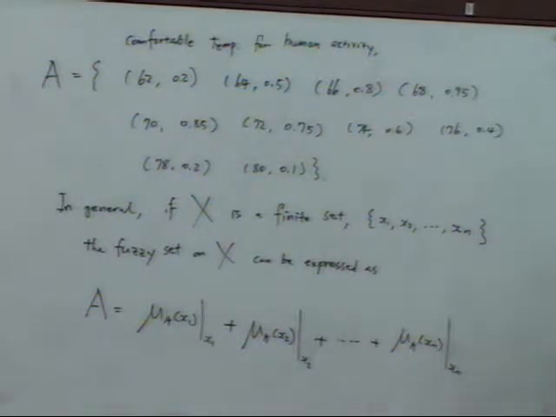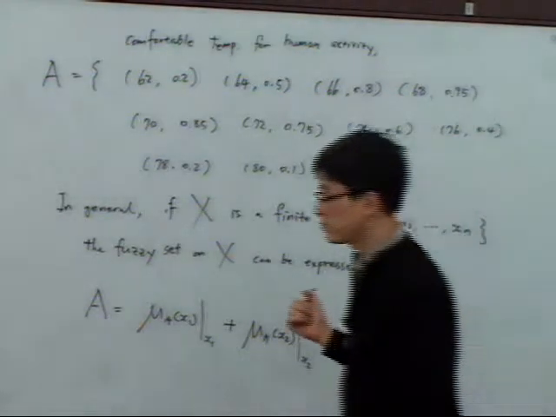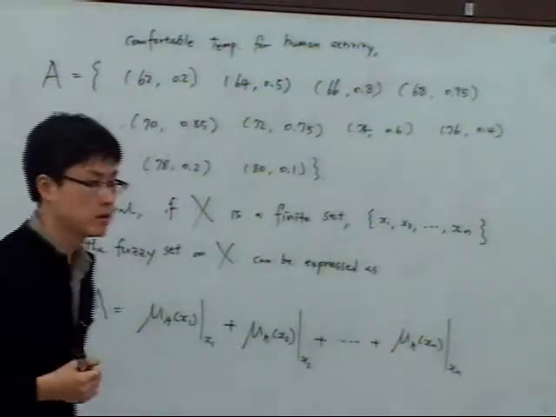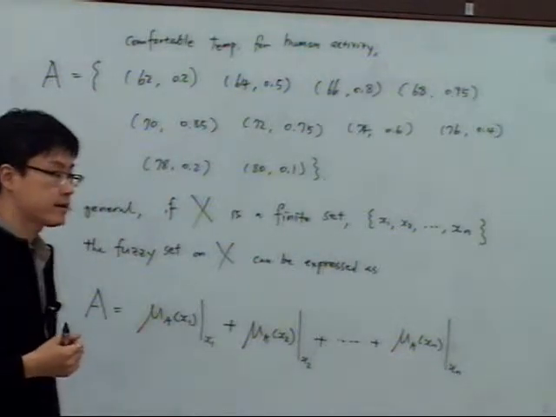And if you write it in a summation form, it is nothing more than this. This is the generic form for a fuzzy set if X is a finite set.